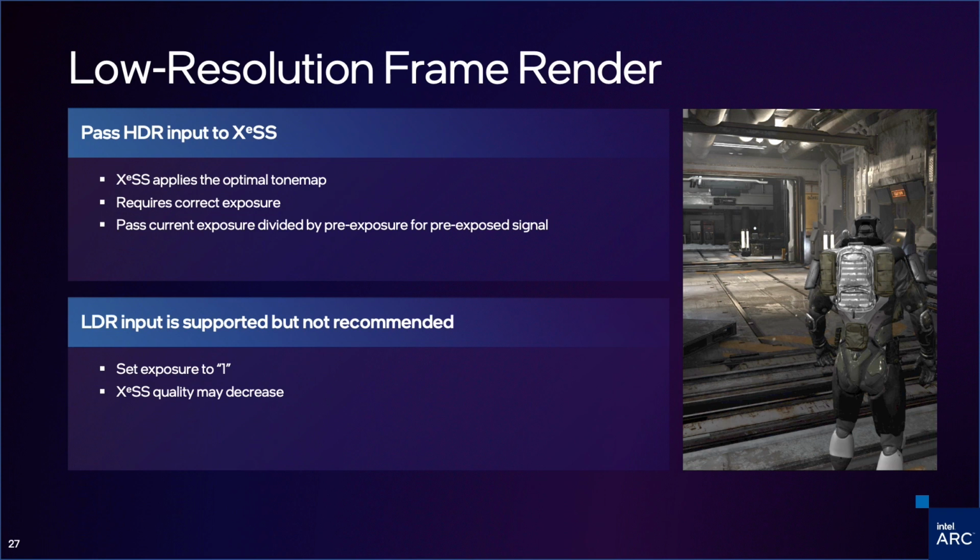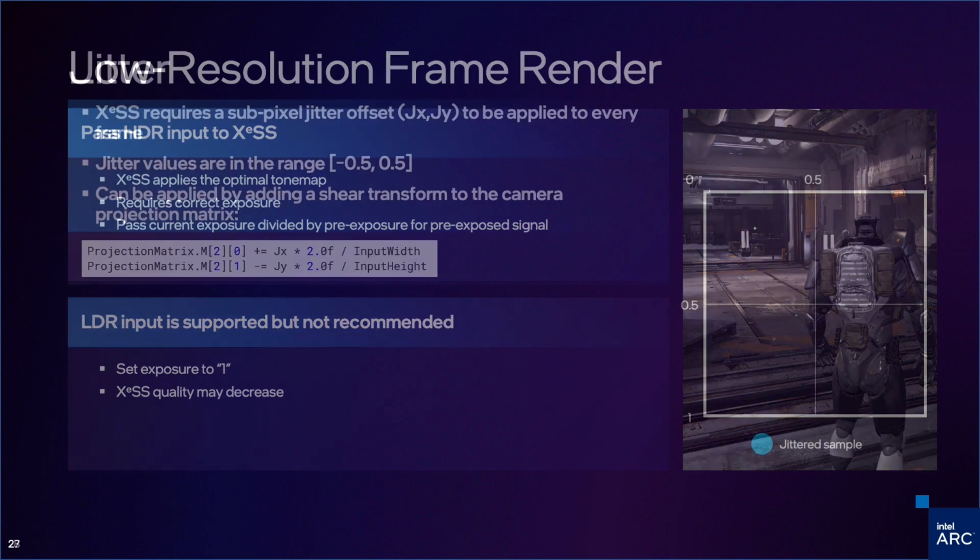If the input to XeSS has been pre-exposed, then we recommend passing current exposure divided by pre-exposure. LDR input with XeSS is also supported, but is not recommended, as it may significantly decrease XeSS visual quality.